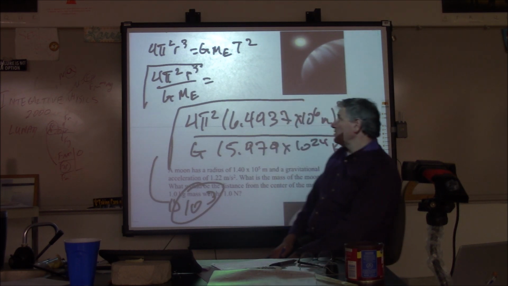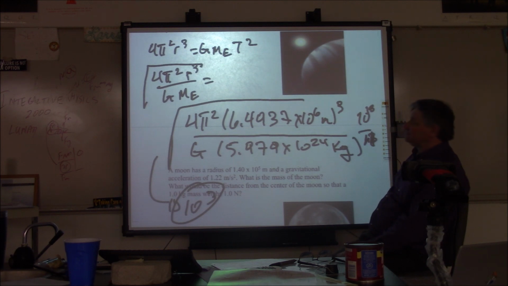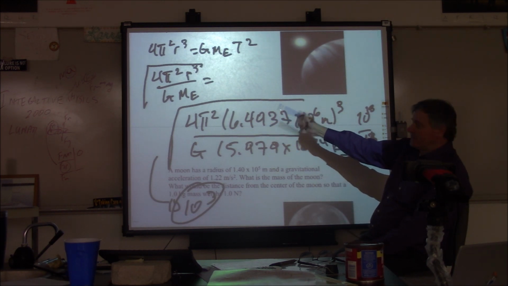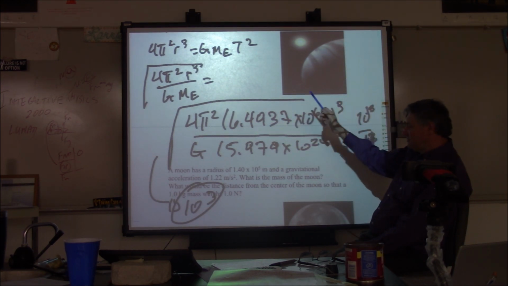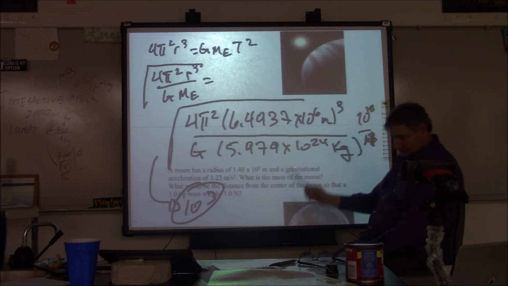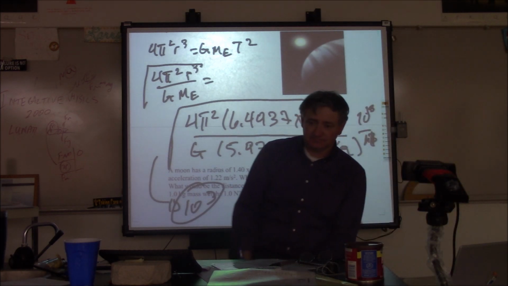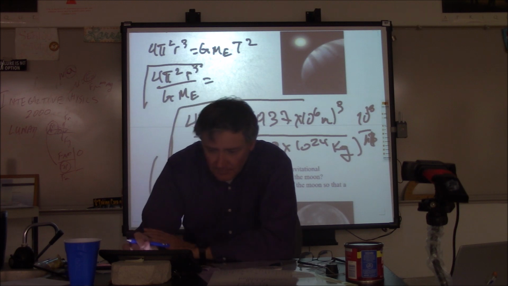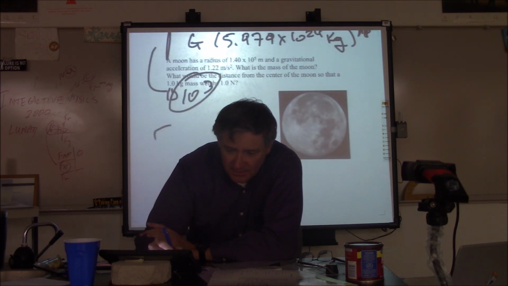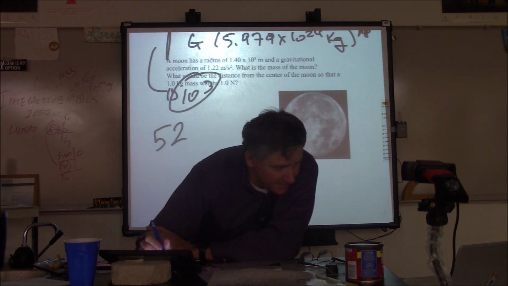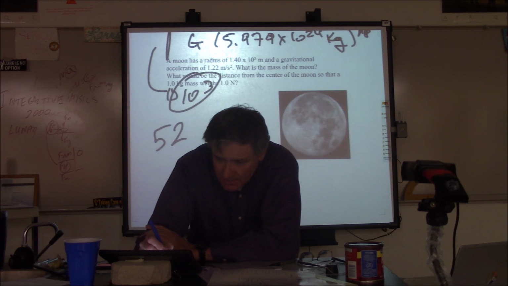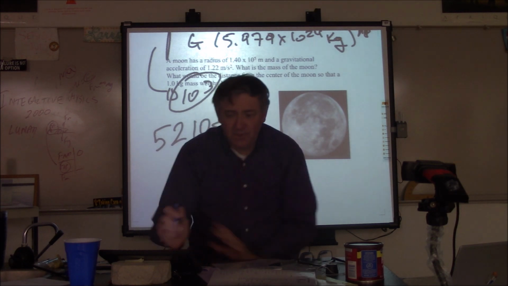All right, so Lauren, or whoever has the calculator out, give me the numbers. Take 4 pi squared times that cubed, divided by big G times the mass of the Earth. It's 5,200 and what? It was 5,206, but to make it round, beautiful.